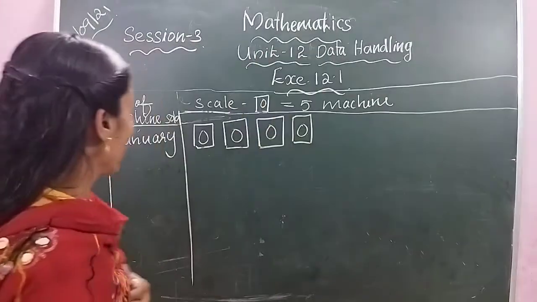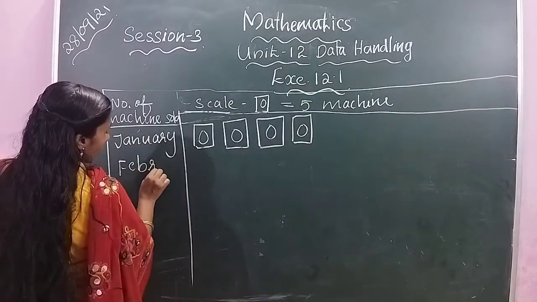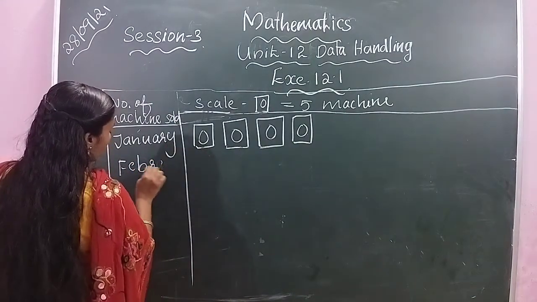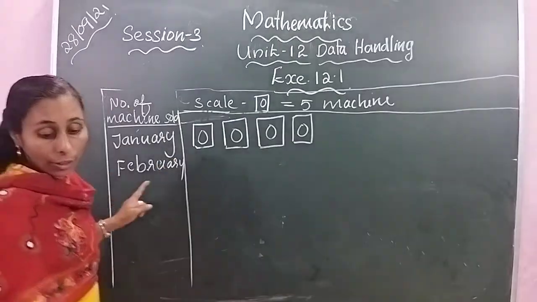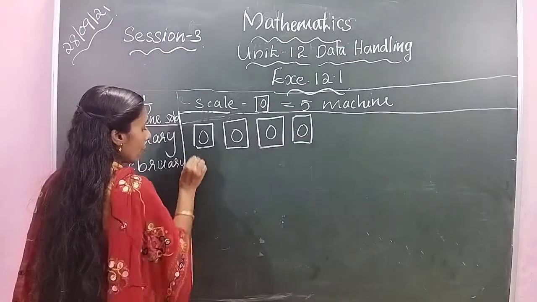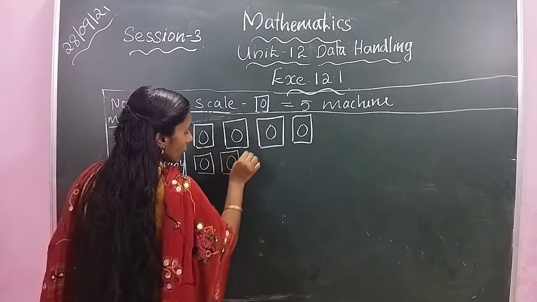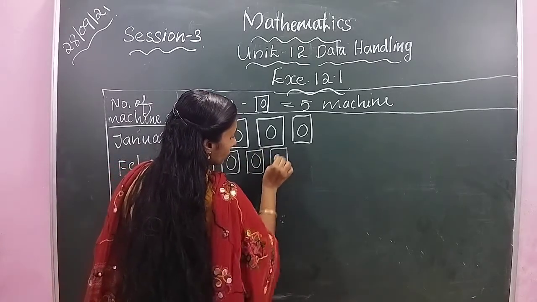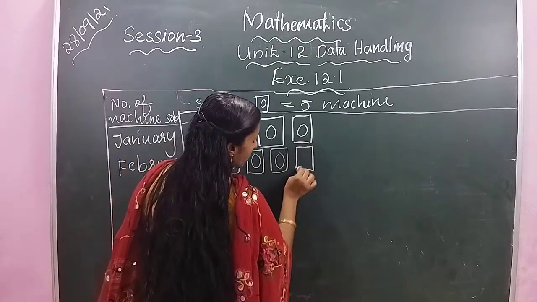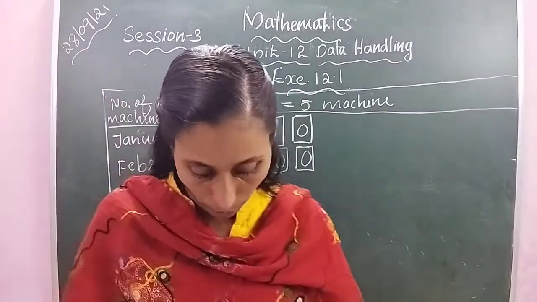Next one, February. How many machines sold in February? Can you say? 25. So 5, 10, 15, 20, 25. 25 machines sold in February.